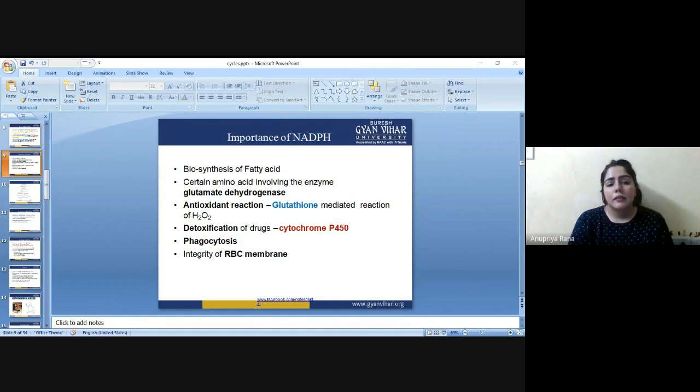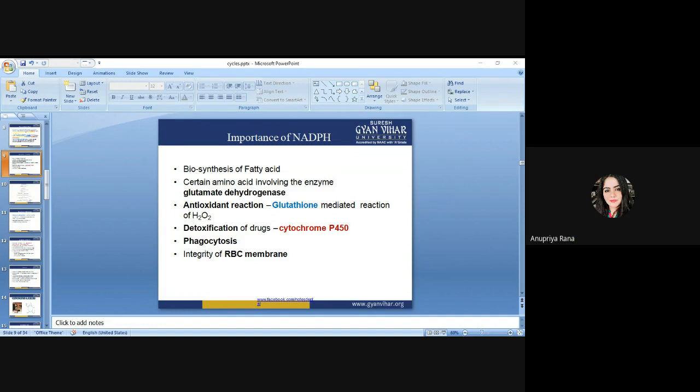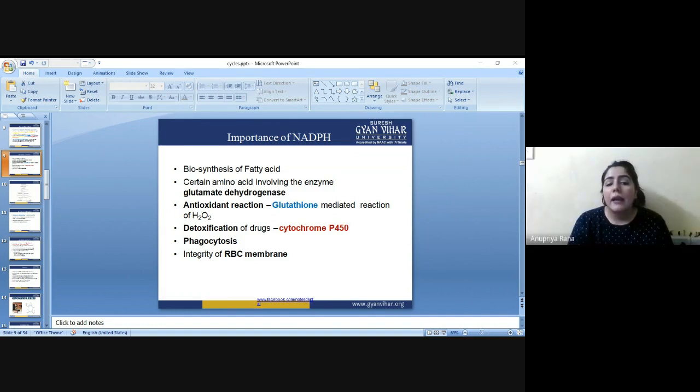Secondly, certain amino acid reactions involve the enzyme glutamate dehydrogenase, which we get during this NADPH formation. This enzyme is involved in many pathways.